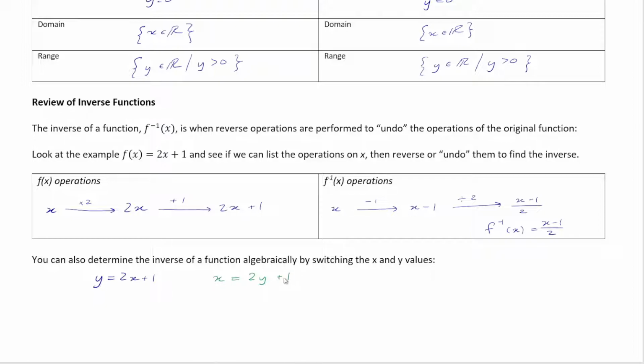Then we're going to take 1 away from both sides, so we would have x minus 1 is equal to 2y. And then we would divide both sides by 2, and we would end up with this, right? So we would say, therefore, f inverse of x, the inverse operations that are undoing the original operations of the function, is defined as follows.